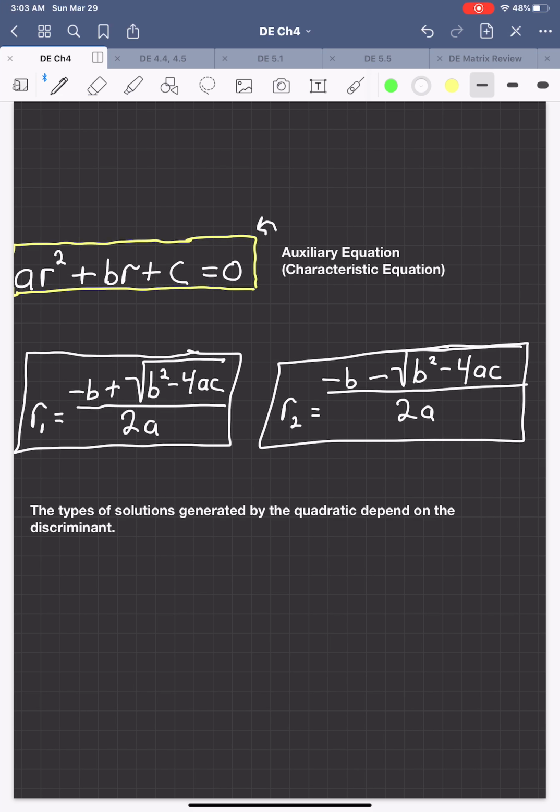So ar squared plus br plus c. Anytime you have a quadratic equation, the types of solutions that can come out of it are going to depend on these coefficients A, B, and C, right? So, in fact, let's go a little bit farther.